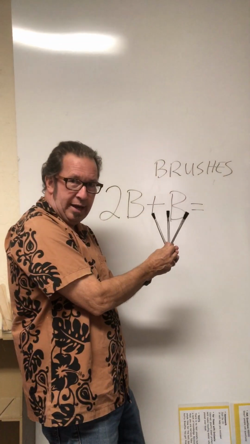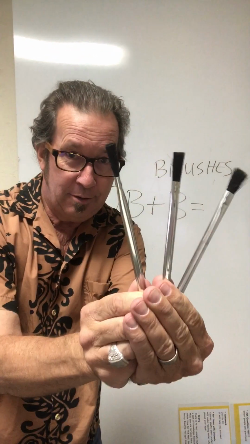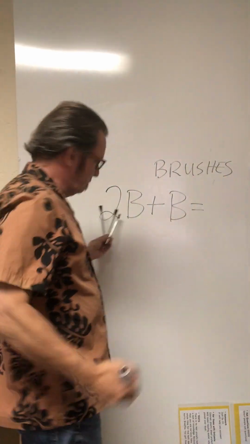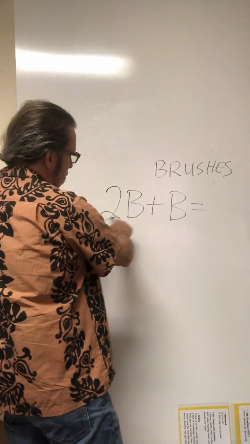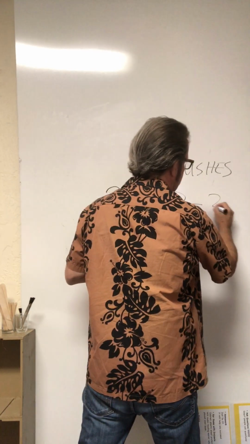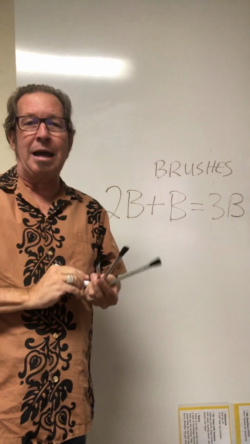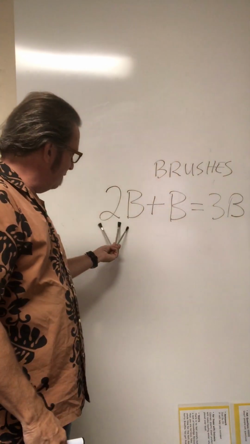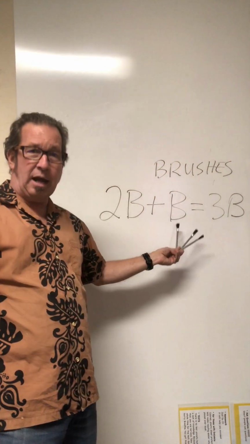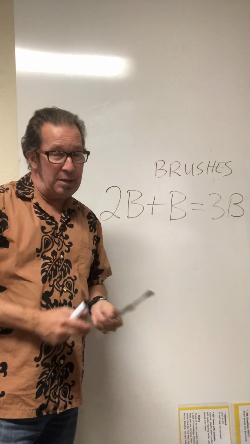How many brushes do I have? 3. So if I'm to work this as an equation, 2B plus B equals 3B. Really what I'm doing is I'm collecting my B's. How many do I have here? I have 2. How many do I have here? I have 1, right? Easy peasy.